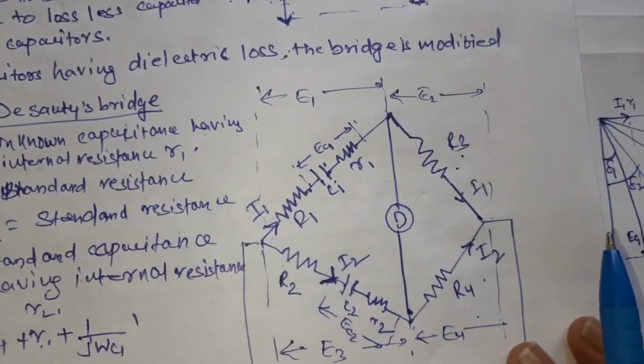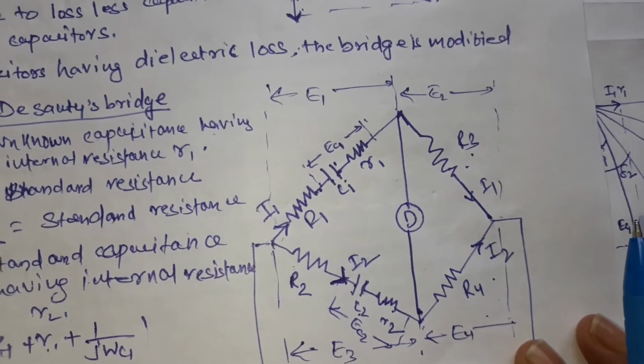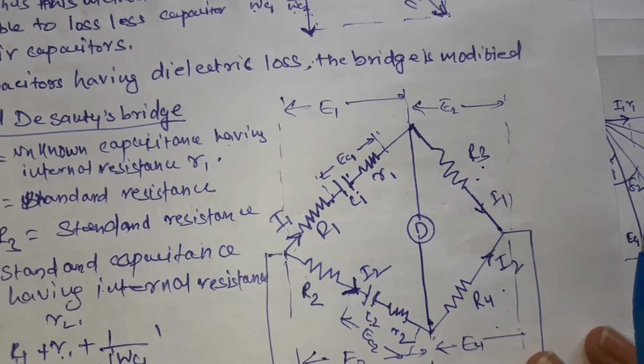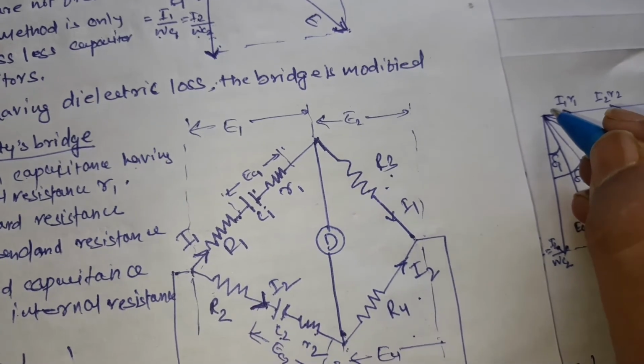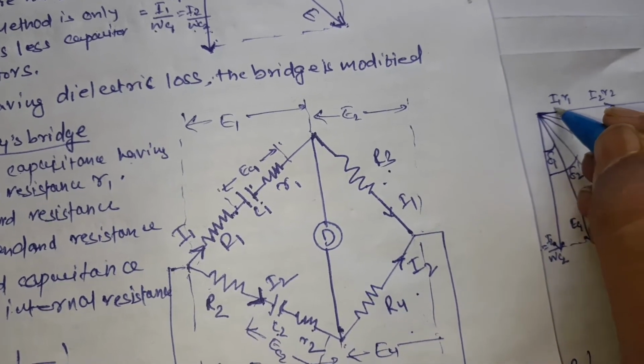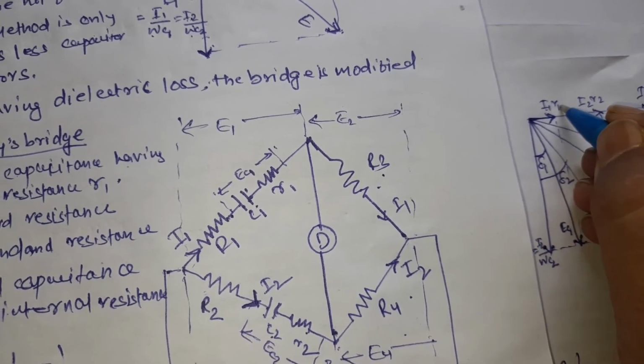Next we have to draw the voltage across arm 1, meaning E1. Suppose this is the voltage drop due to internal resistance, I1 into R1.